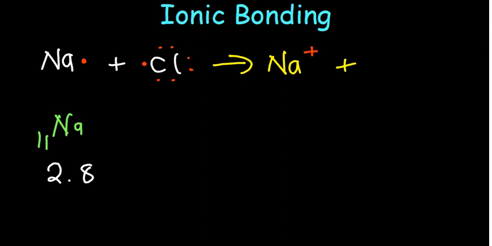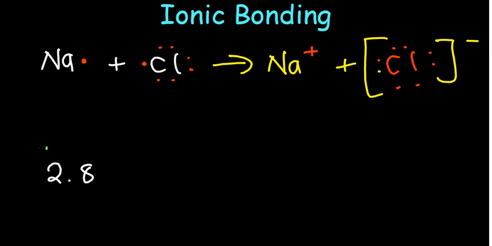And then we have chlorine with its 7 electrons now gaining an extra one from the sodium atom. That's the result. So this can be in brackets, and you can put the minus charge there, implying that it has gained an electron from another atom. That is in equation form, illustrating what basically happens under ionic bonding.